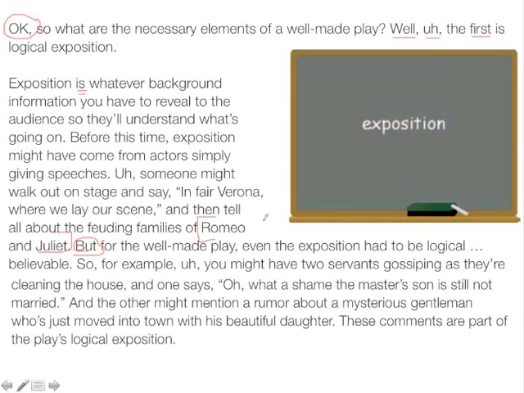This particular question was talking about basically what was before the well-made play. But then here we had information that exposition had to be logical. And of course, this is what we meant by talking about information of the play's plot, the logical exposition, or the background. So already we can see how the answers to the questions are kind of following the sequence of information in the script.